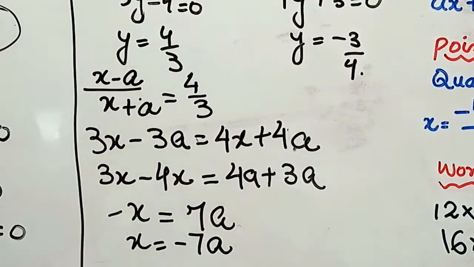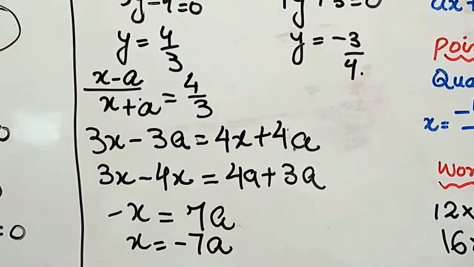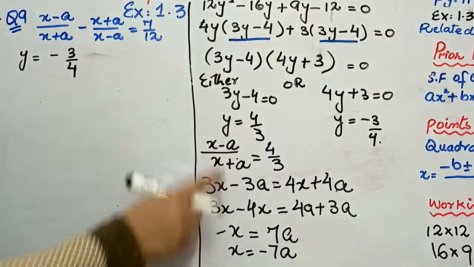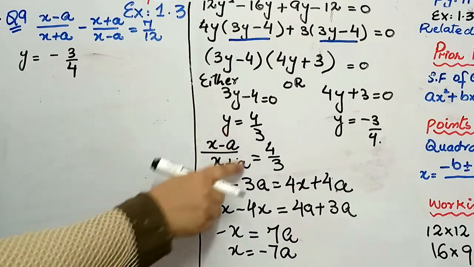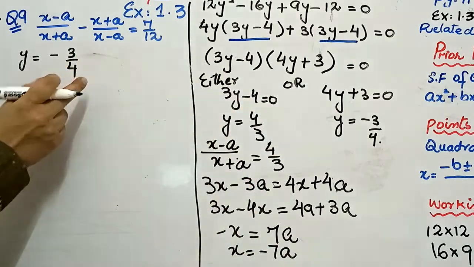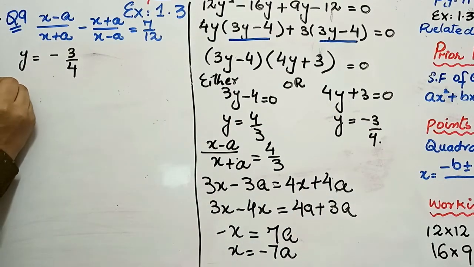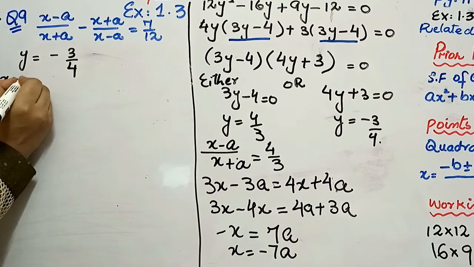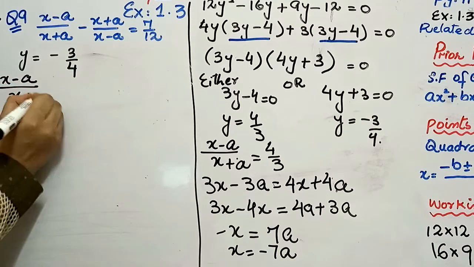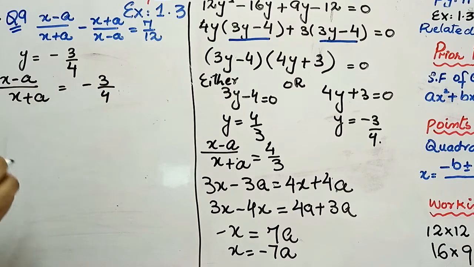Now we are going to replace y is equal to minus 3 by 4, replacing y as x minus a by x plus a. We resubstituted y is equal to 4 by 3 and got x is equal to minus 7a. Now we have another y is equal to minus 3 by 4. Resubstituting the value of y, x minus a by x plus a is equal to minus 3 by 4. Cross multiply now.